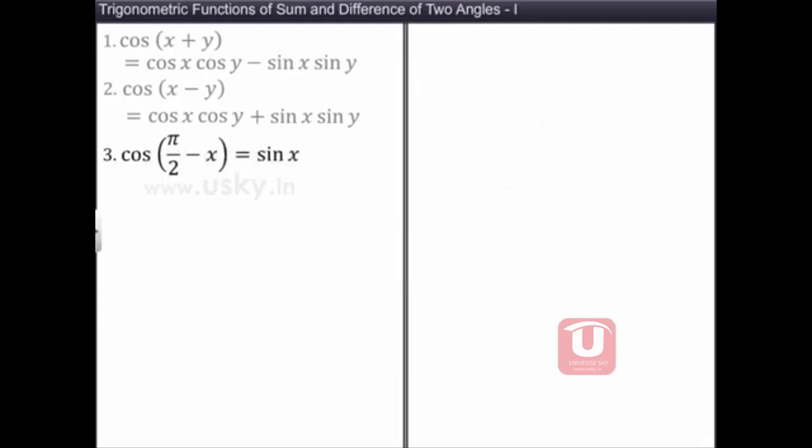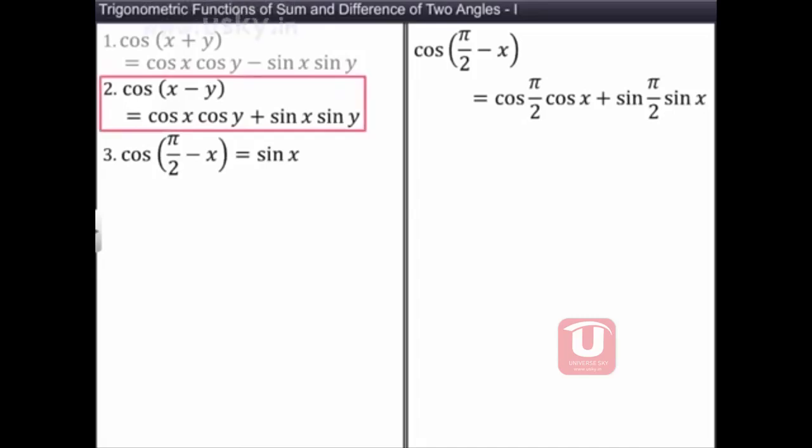Now, let's prove that cos of pi by 2 minus x is equal to sin x. Using result 2, cos of pi by 2 minus x is equal to cos pi by 2 into cos x plus sin pi by 2 into sin x.